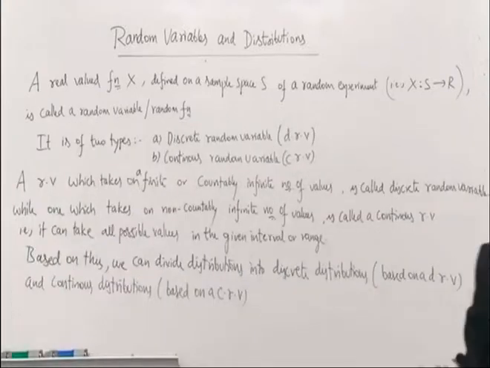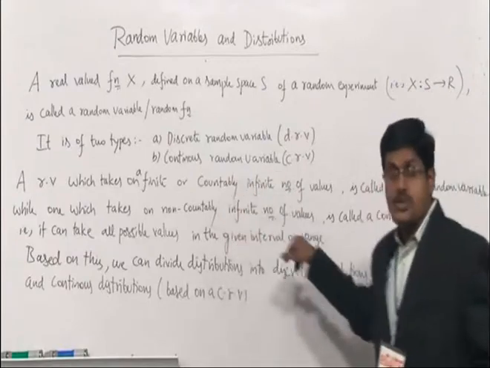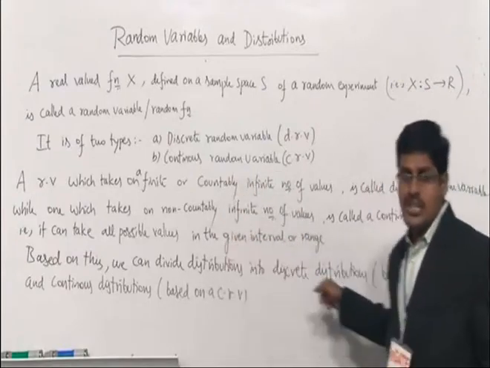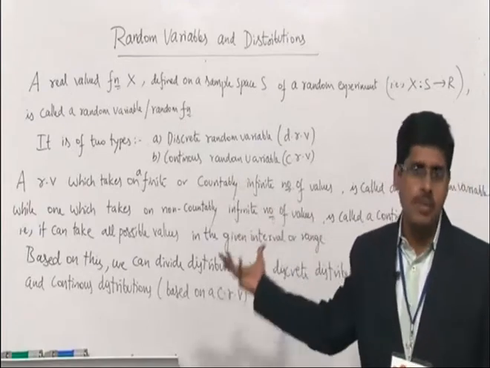So based on these two, discrete and continuous random variables, we have the distributions divided into two cases: discrete distributions and continuous distributions. DRV means discrete random variable, CRV means continuous random variable.